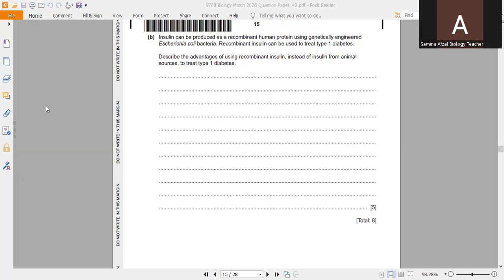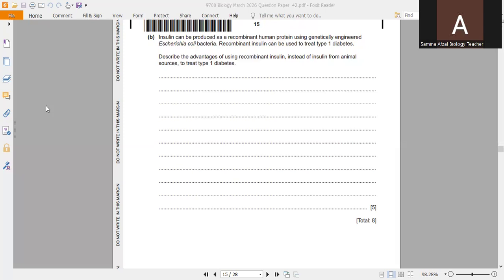There are many different advantages of using this recombinant insulin. First of all, its structure is identical to the structure of human insulin. Secondly, it is more effective and fast acting as compared to animal insulin.